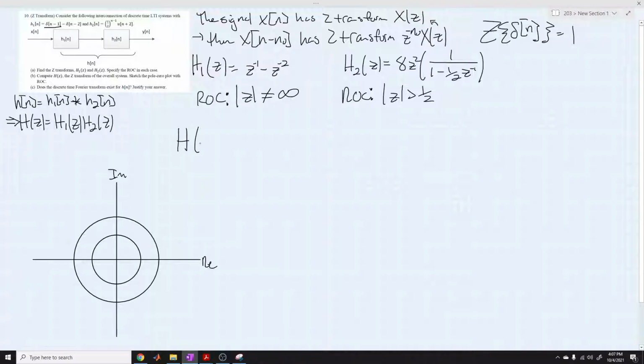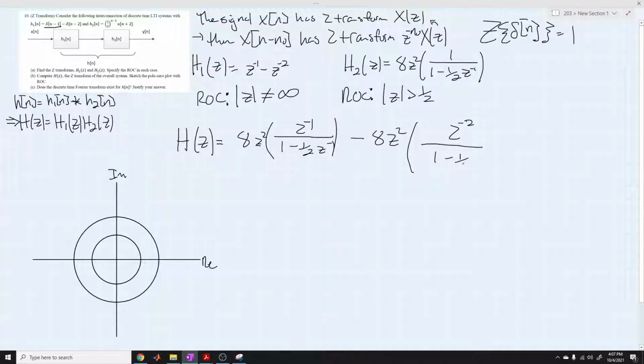So now big H of z is equal to H1 times H2. So we'll have 8, and let's just write it like this, 8z squared times z to the negative 1 all over 1 minus 1/2 z to the negative 1, minus 8z squared z to the negative 2 all over 1 minus 1/2 z to the negative 1.